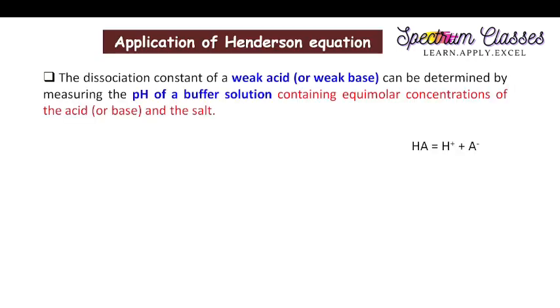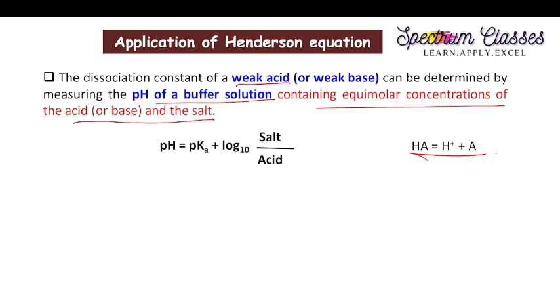Now another application of this Henderson equation is that the dissociation constant of a weak acid can be determined by measuring the pH of the buffer solution containing equimolar concentrations of the acid or base and the salt, right? So suppose this is our acid, HA, which dissociates as H plus plus A minus.